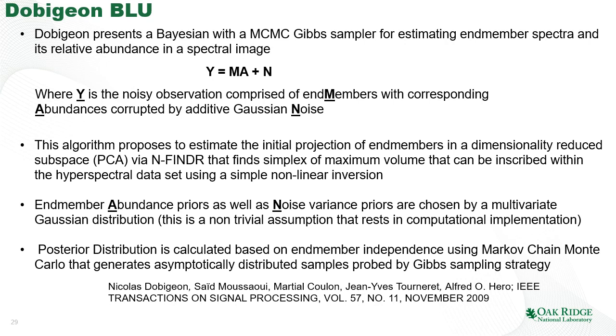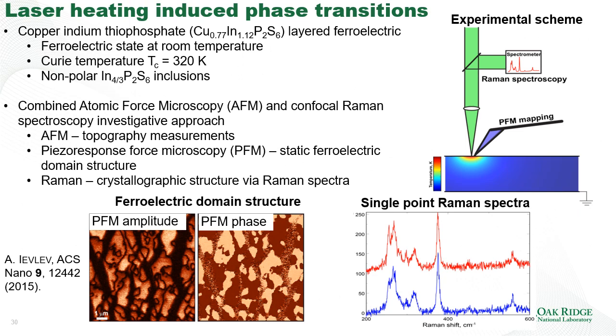He used a pretty complicated combination of N-FINDR, or finding the simplex for the PCA space, with Markov chain Monte Carlo in order to find the BLU components. The technical details are available in this manuscript.